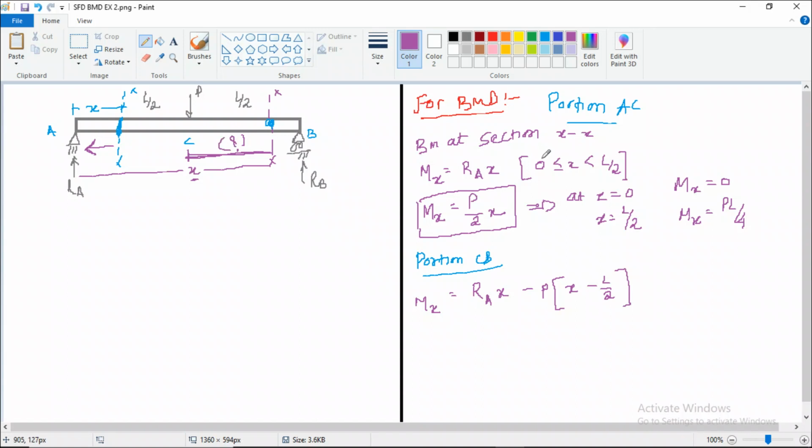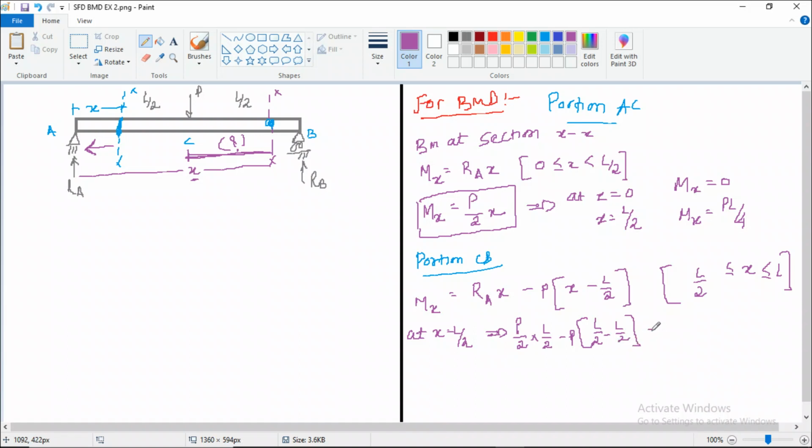And this will be in the range of L by 2 to L. So at x is equal to L by 2, what we will get if we put L by 2 in this equation? So let us put P by 2 into L by 2 minus P into L by 2 minus L by 2.